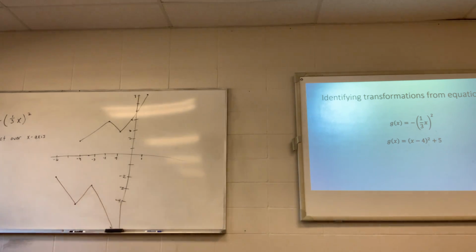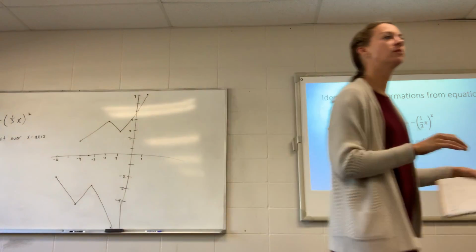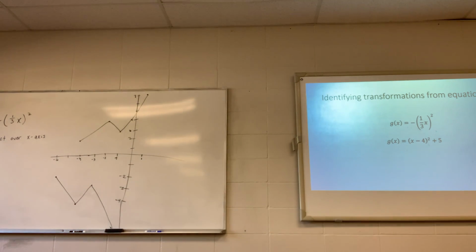Is it the one that says reflects the graph of f across the x-axis? Yep, so we got that one for the negative. What do you think for the 1/3 though? Braden, help him out. Vertical compression? You're thinking of vertical compression? Is anyone also thinking of vertical compression? Jade's saying no.